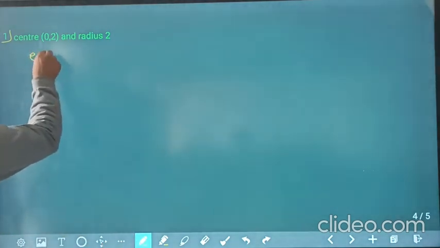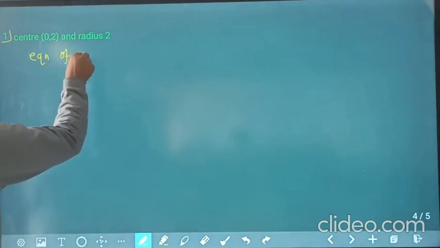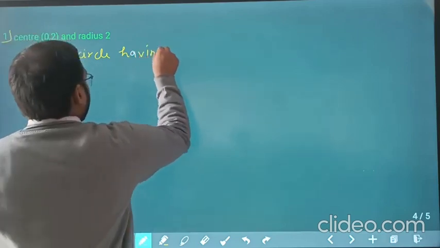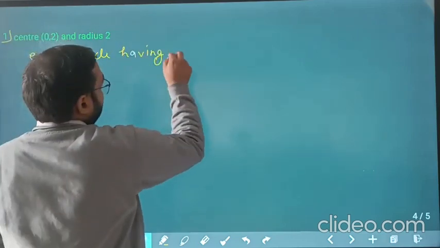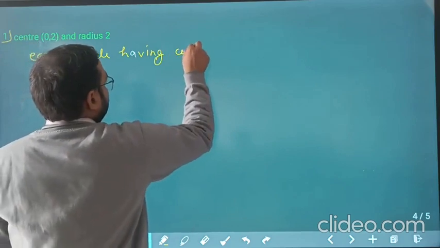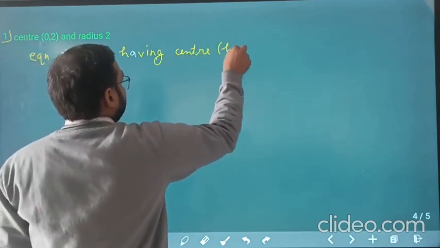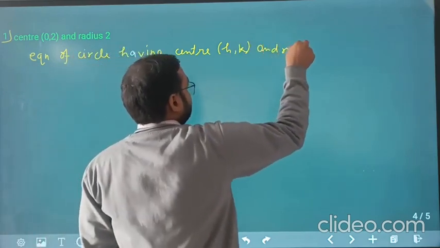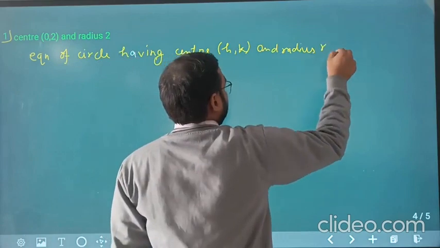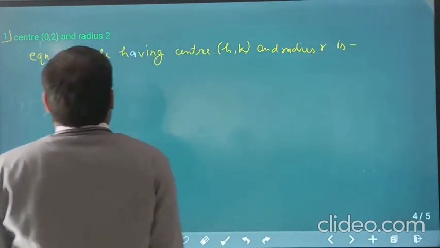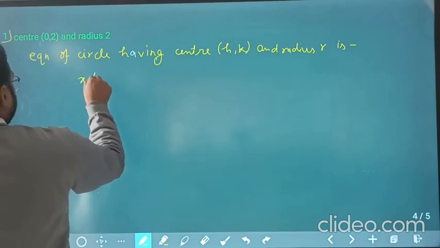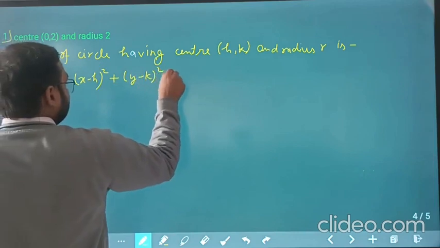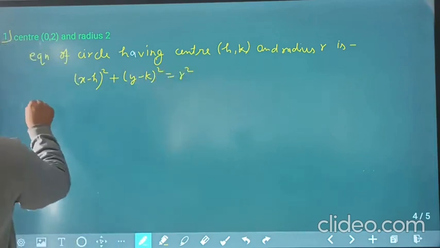Equation of the circle having center (h, k) and radius r is (x minus h) whole square plus (y minus k) whole square is equal to r square.